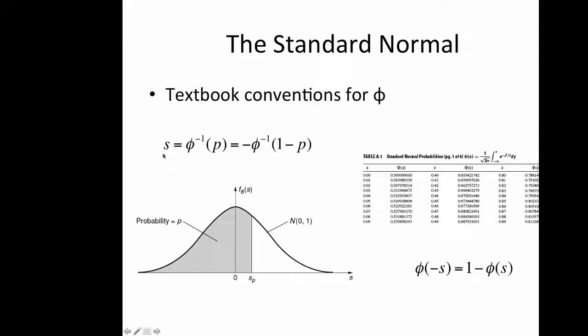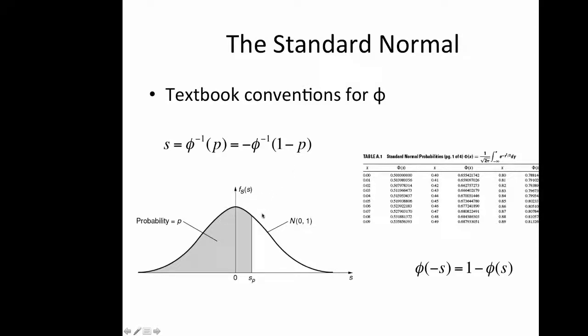S sub p, in this particular example of that figure, is just relating this probability p with this value S. But in general, S can take on any value, is equal to the inverse CDF function of the probability p, but it can also be equal to the negative value of the inverse function of 1 minus p.